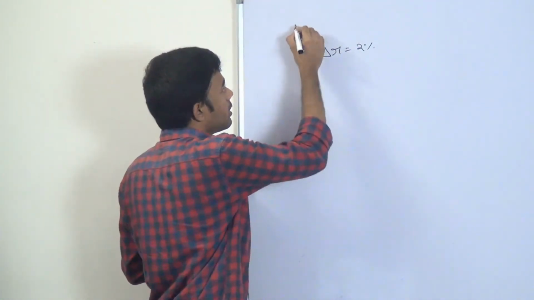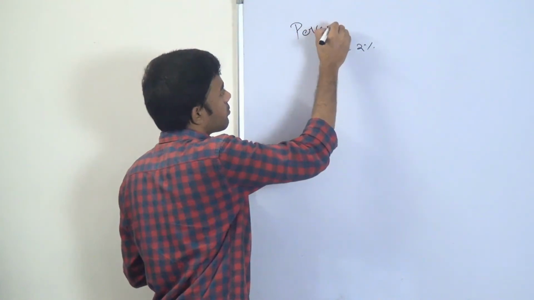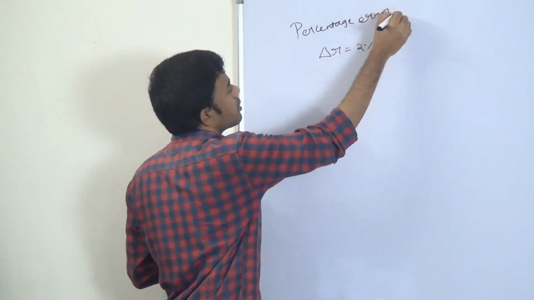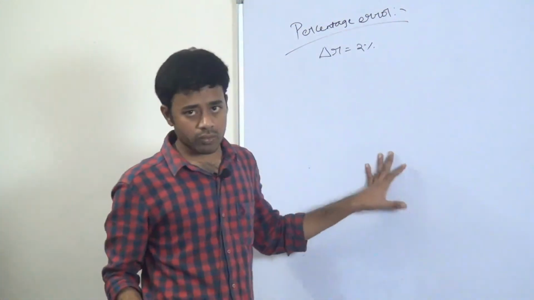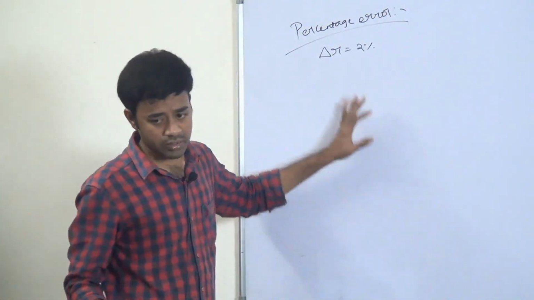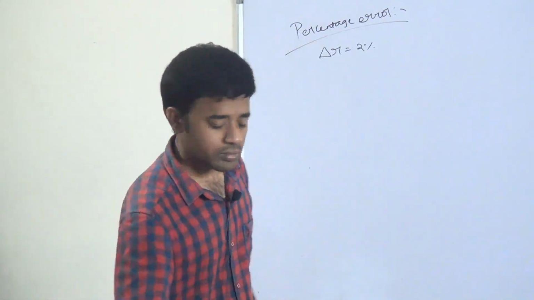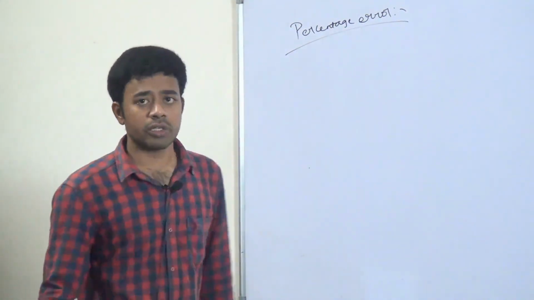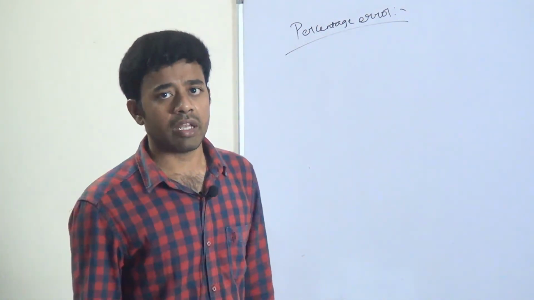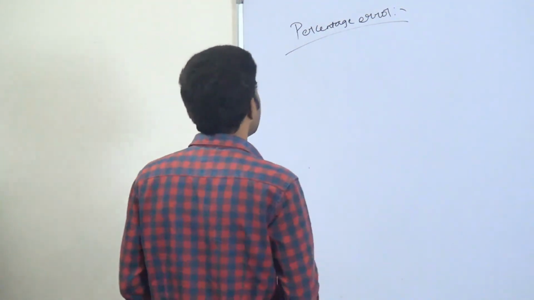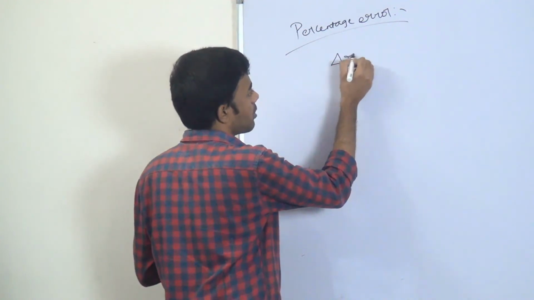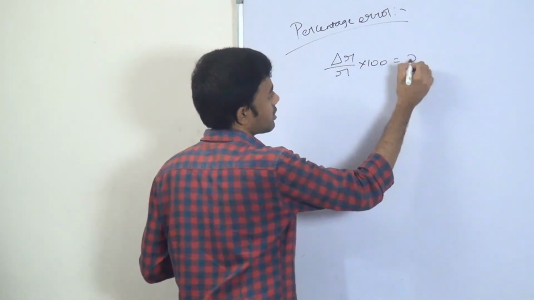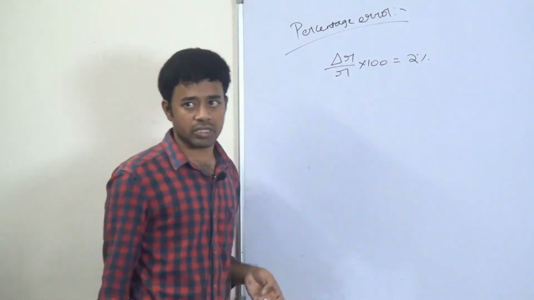We know what we have learned in the previous case: percentage error means mean absolute error by the mean value into 100. Mean absolute error by the actual value into 100 gives percentage error. So here it gives 2%.